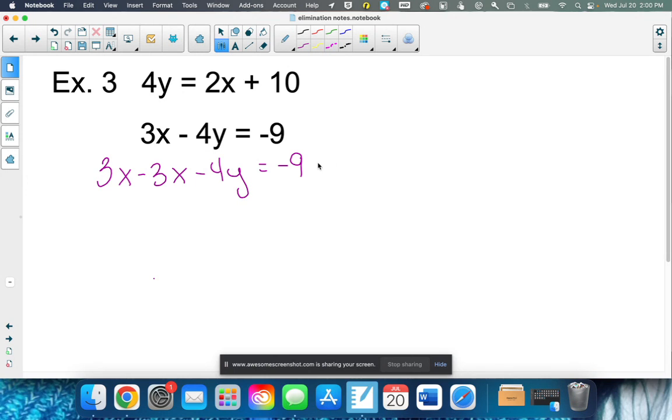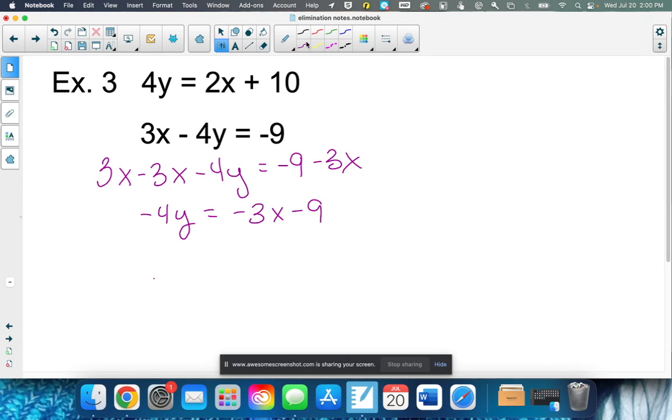And this is a lot like doing literal equations where you're not actually getting a number answer, you're getting a new function. So 3x minus 3x is 0. That's gone. So what I have is -4y equals, and notice -9 minus 3x would still not be in the right position. I need to shift that around. -3x minus 9.